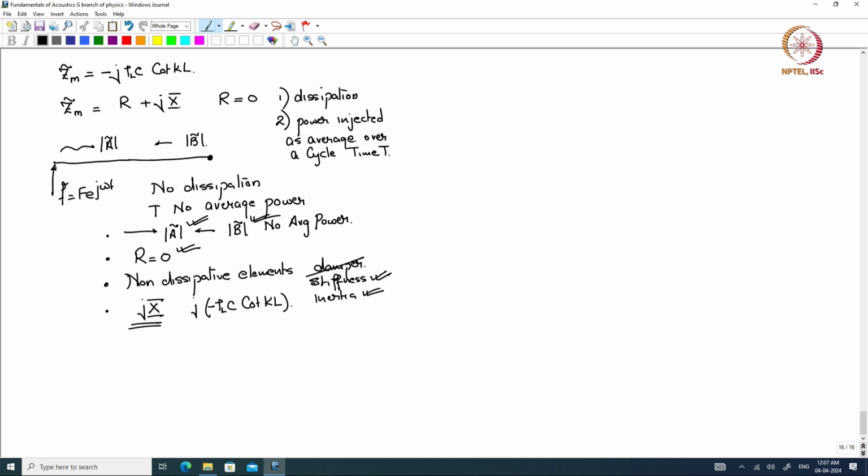So, all these are tied together. The A magnitude equal to B magnitude is tied to the R being equal to 0, is tied to there being no dissipative elements, is tied to there being only stiffness and inertia, okay, which means a purely imaginary impedance, and therefore a standing wave.